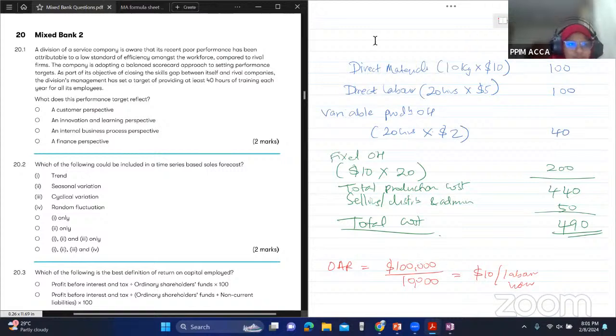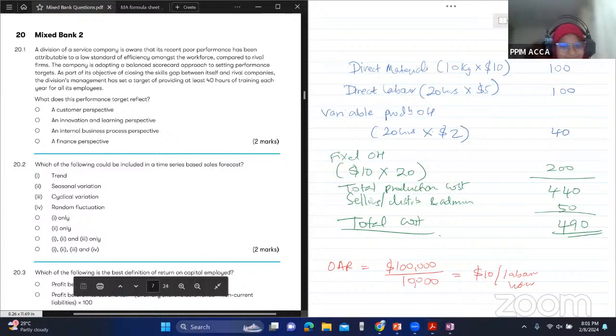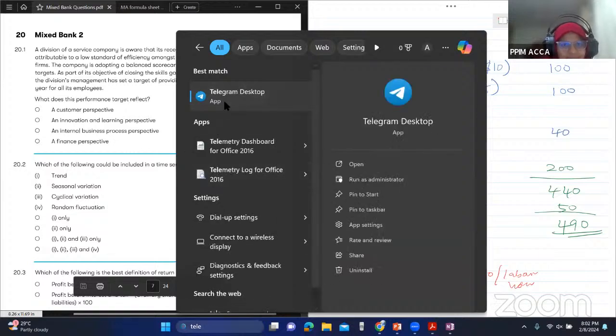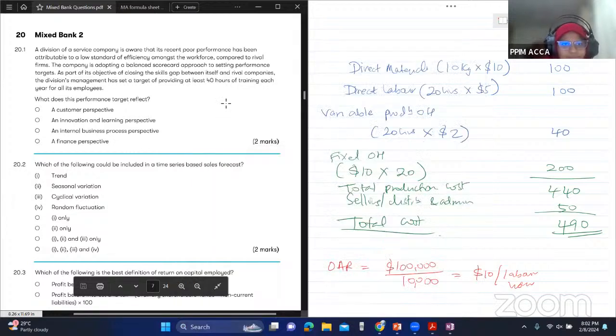Let's start mixed bank 2. Let me just check if I have shared these questions with you. Have I shared it on the Telegram group? I haven't shared it, right? You guys could have asked me. I'll share it right now.